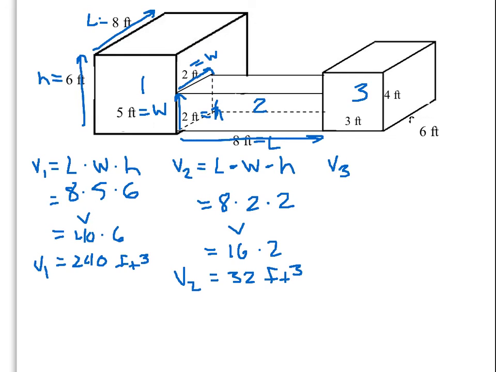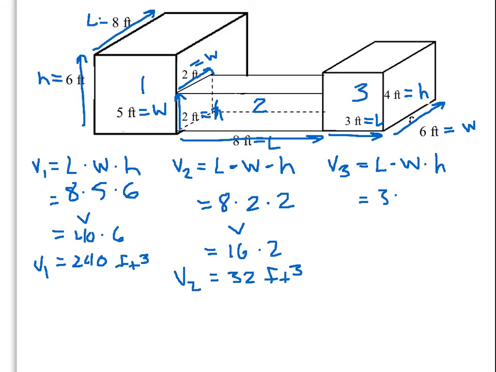Volume of room number 3. Room number 3 is indeed also a rectangular prism, so our equation is still length times width times height. And I think of my length as this way, so that's going to be 3. I think about my width as 6, and I think about my height as 4.